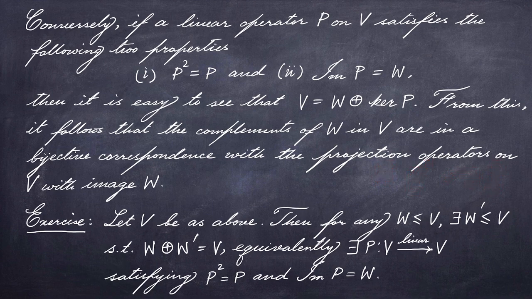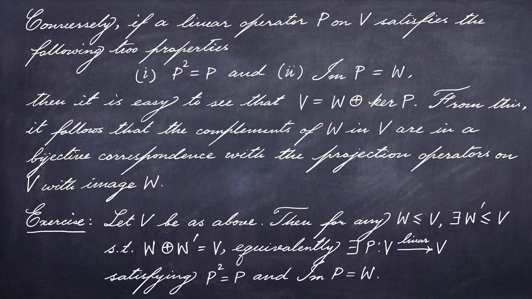This exercise says that given any W, there indeed exists a complementary subspace. When V has finite dimension, this is easy to see: you just start with a basis of W and extend it. When V is infinite dimensional, you have to do some work. In fact, that gives you a proof which holds in generality, independent of the dimension of V.